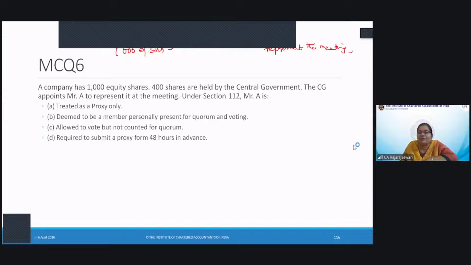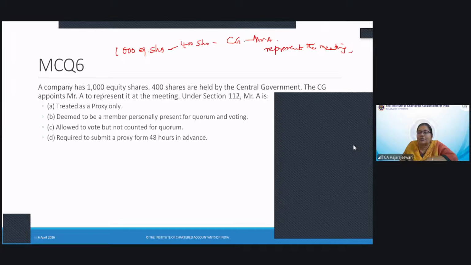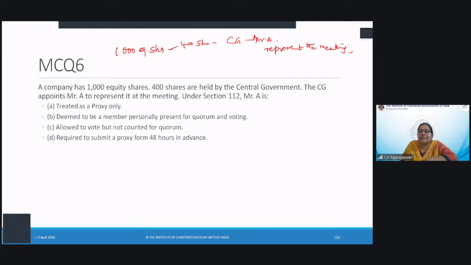Certain things are wrong. Even one of the students asked the doubts. Hope her doubt is clarified. So what happens here? Required to submit proxy form, there is no such provision. So this is ruled out.